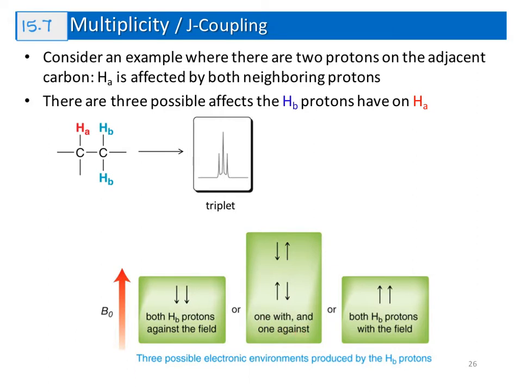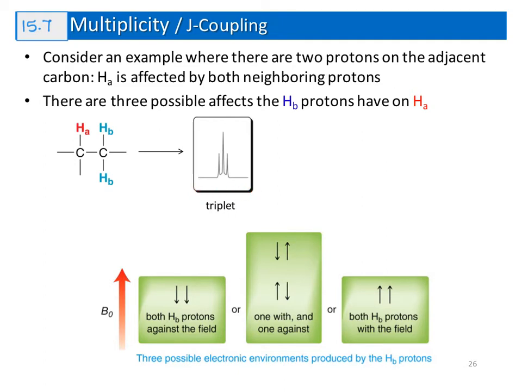So there could be three scenarios here. Therefore, there are three possible effects that HB protons can have on HA, and that causes us to see the HA proton as a triplet in hydrogen NMR.